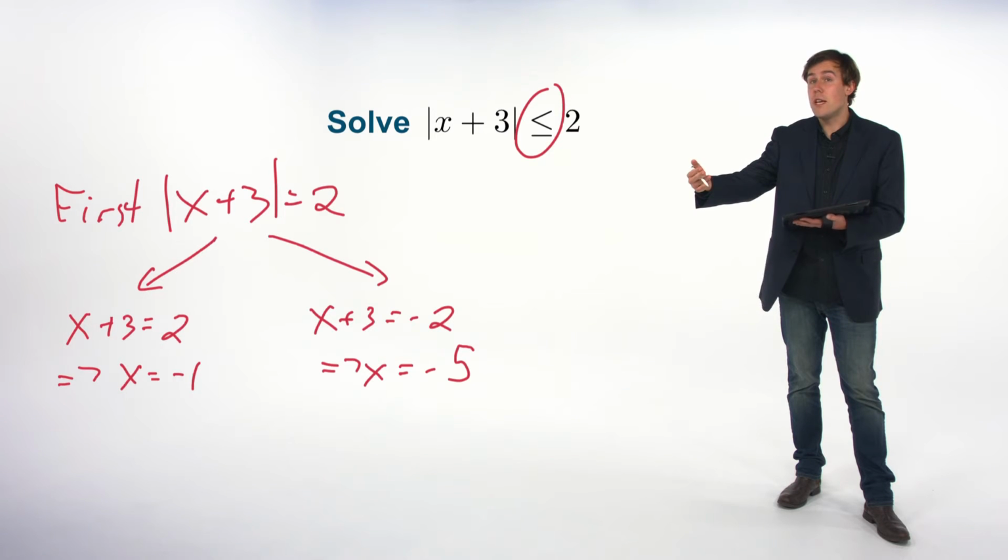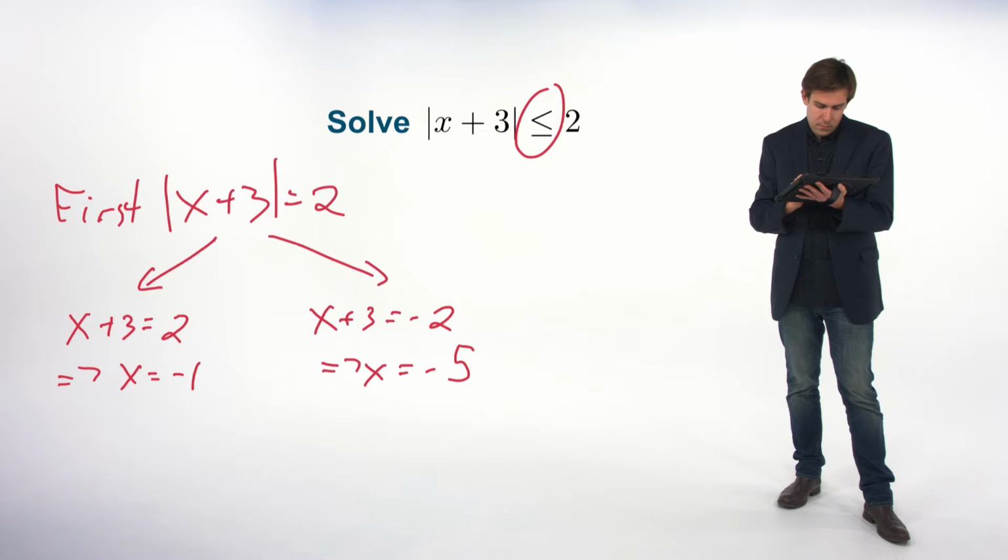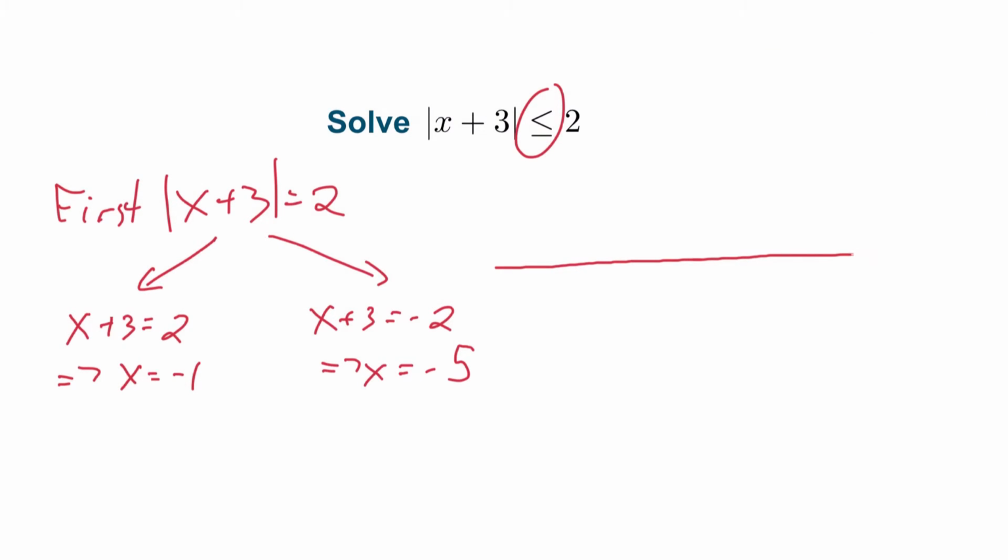To get a solution to the inequality, I consider a number line as follows. So I plot my two solutions on the number line. And in each of the regions corresponding to this number line now, I check if my inequality holds there.